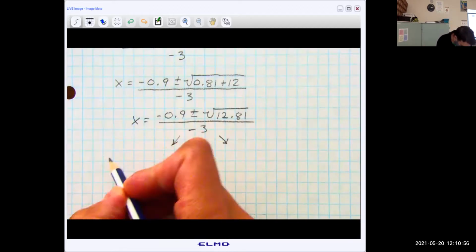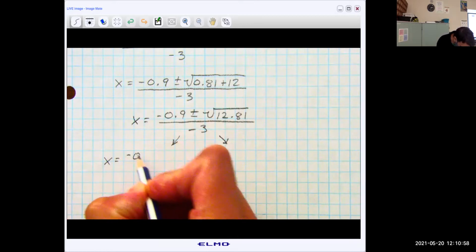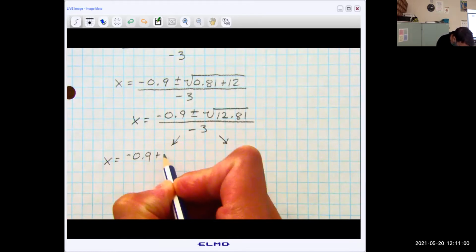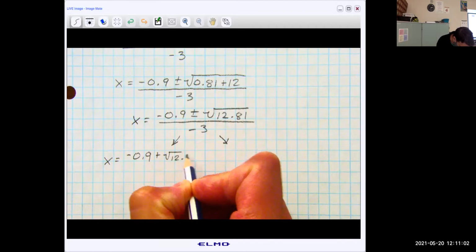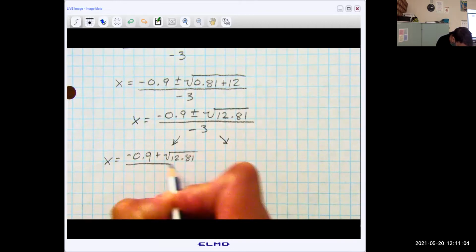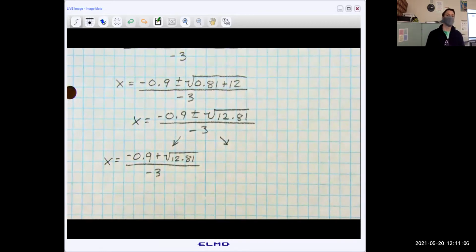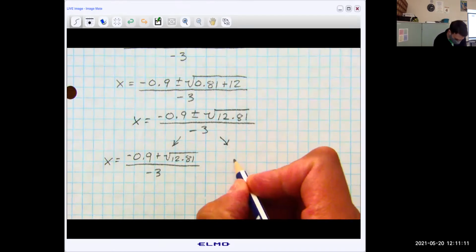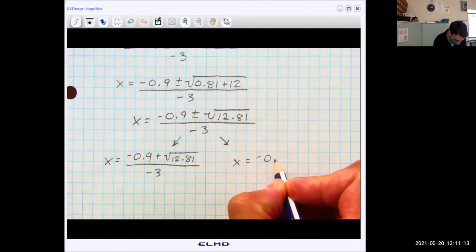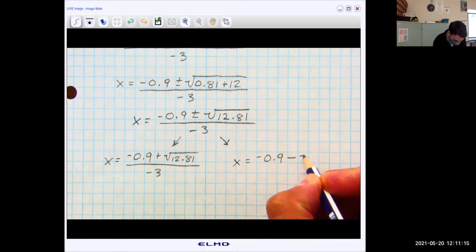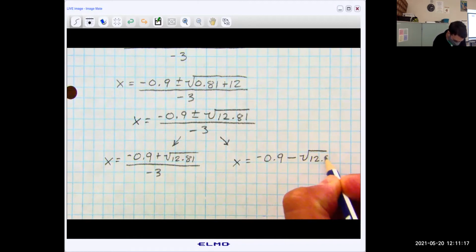So I have x equals negative 0.9 plus the square root of 12.81 divided by -3. And then the same thing again, but with the minus. X is -0.9 minus the square root of 12.81 divided by -3.